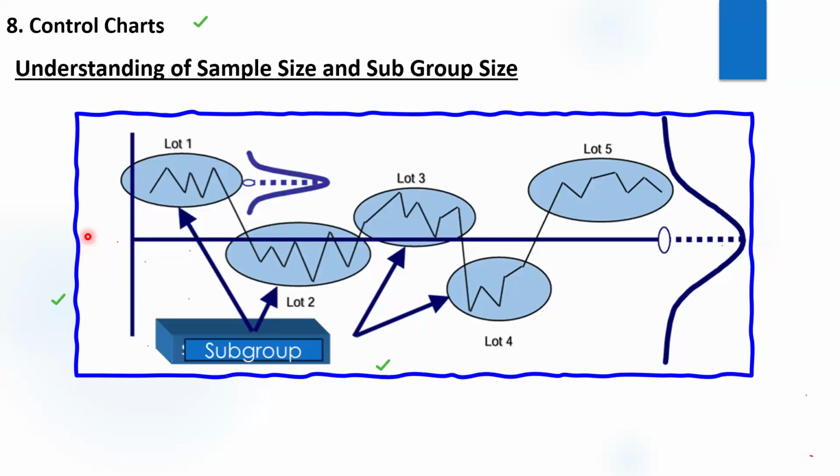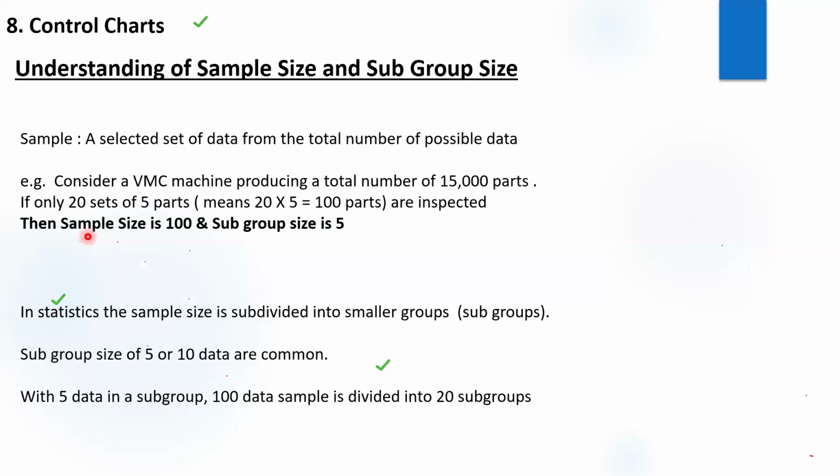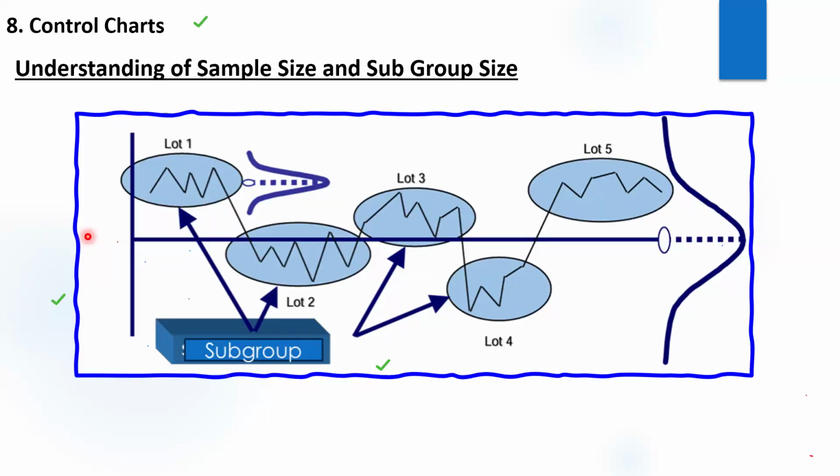As we saw, two parts are never identical. Sometimes I check the weight and find 100.1, sometimes it will be exactly 100, sometimes maybe 100.12, sometimes 100.15. Got it? Now, what is a sample and what is a subgroup?